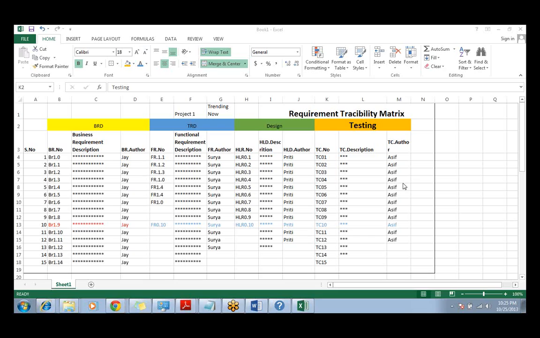Requirement traceability matrix. The requirement which business is providing, an enhancement. Traceability: how do you trace on each and every deliverable level? You are tracing the requirement from BRD to TRD, TRD to design. The matrix provides that flexibility to track the requirement.